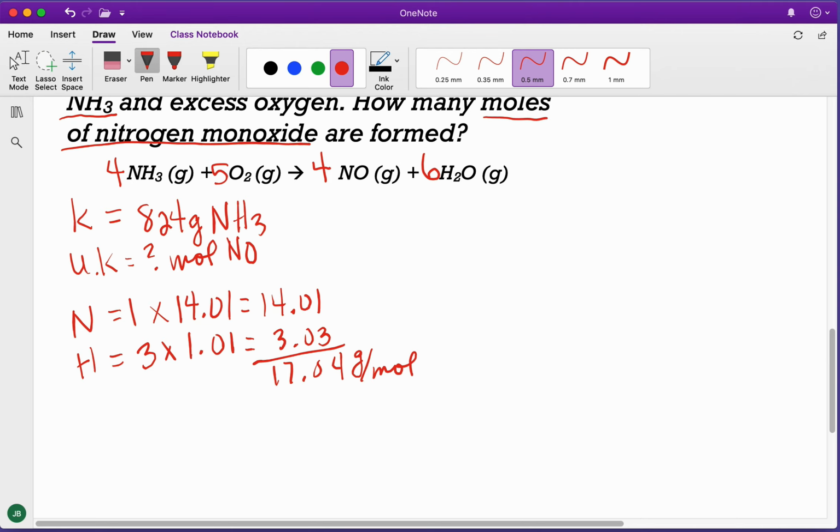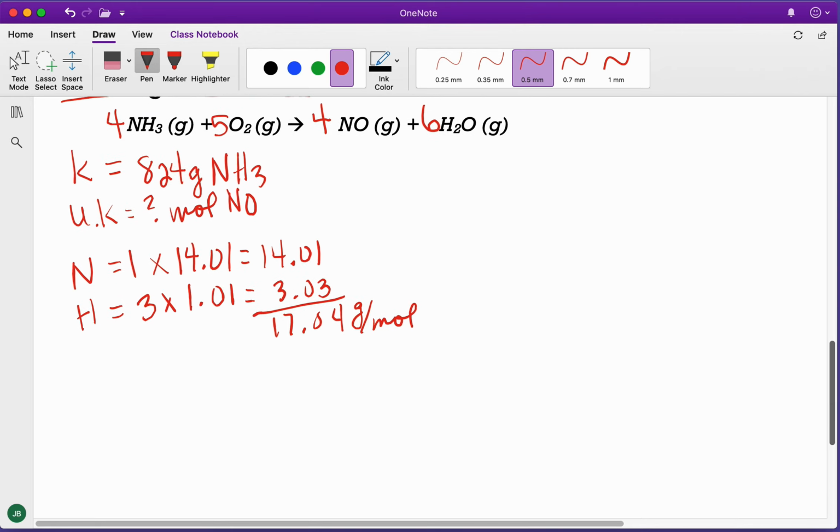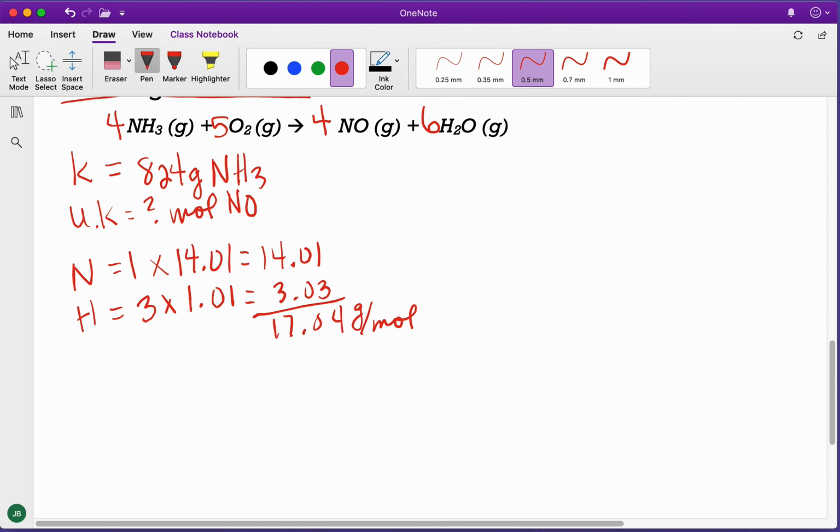And let's go ahead and put in our train tracks. So we are going to start off with 824 grams of ammonia. And because we're starting off in grams, the next thing we're going to do is put in our molar mass, because when all else fails, remember to convert to moles, okay?